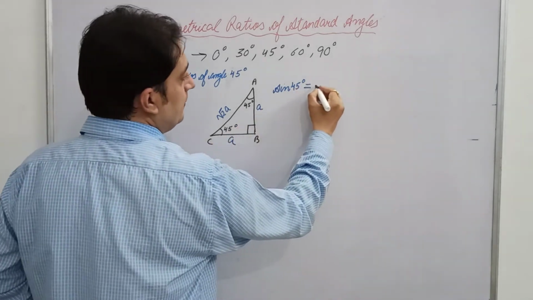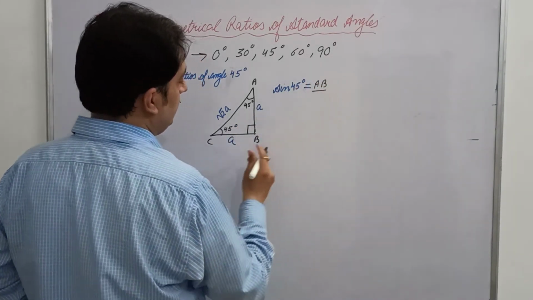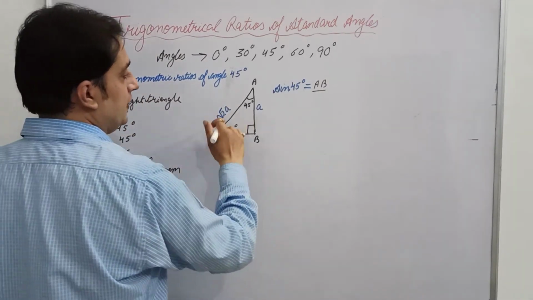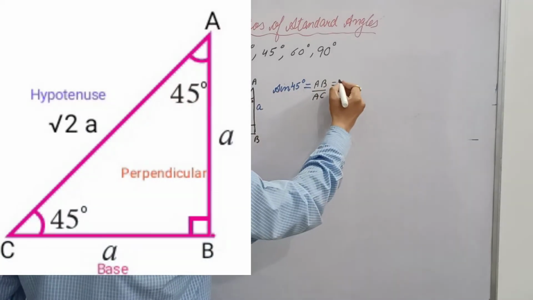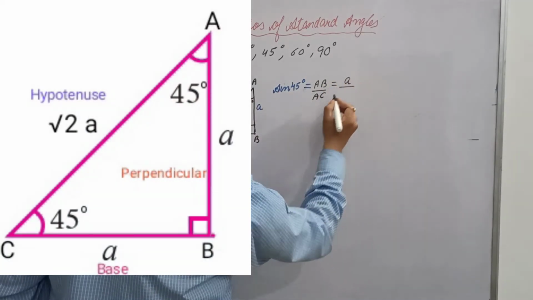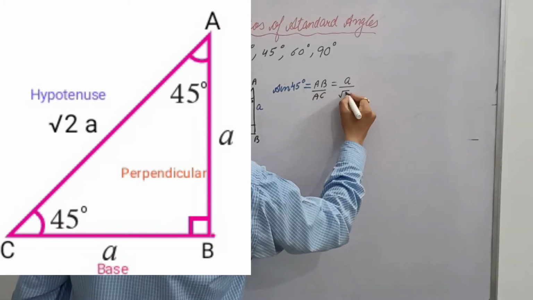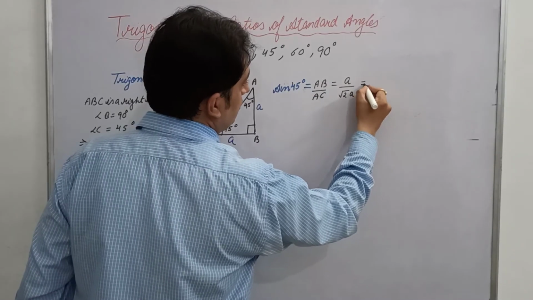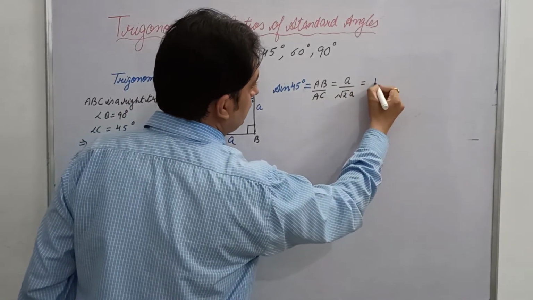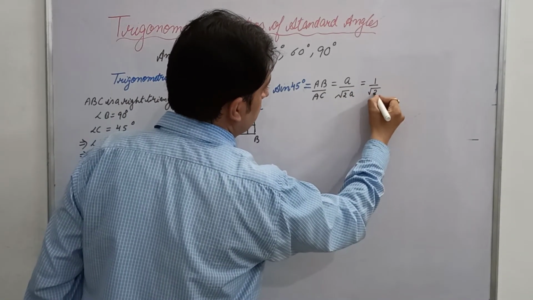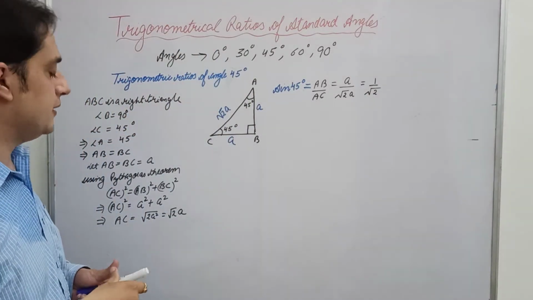So this is AB by AC. AB is A and AC is root 2 into A. So A cancels out with A, the value is 1 by root 2. So this is the value of sine of angle 45 degree, right?